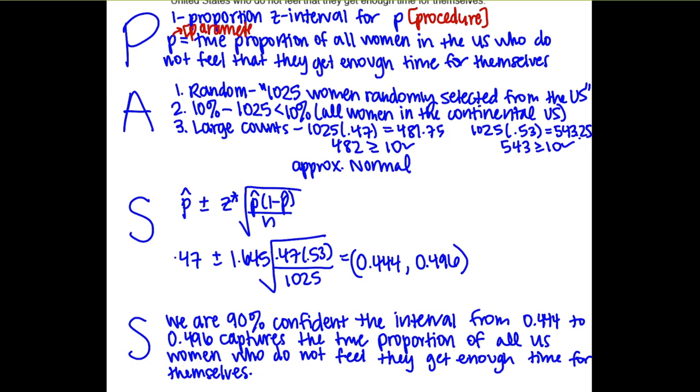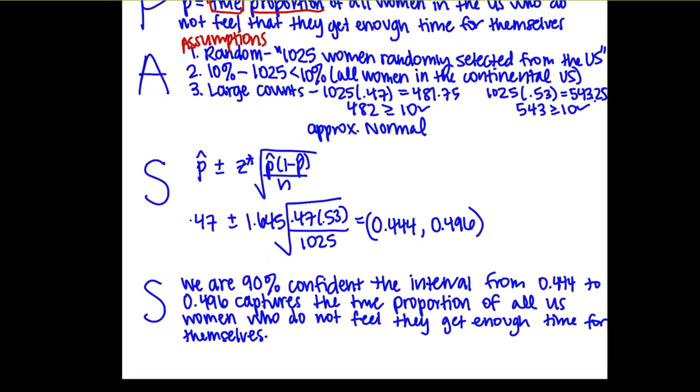Whenever you define the word parameter, you have to have the word true in there, and then proportion, because that's what it is. We need to be in context. We got our assumptions and conditions, always the same 3.